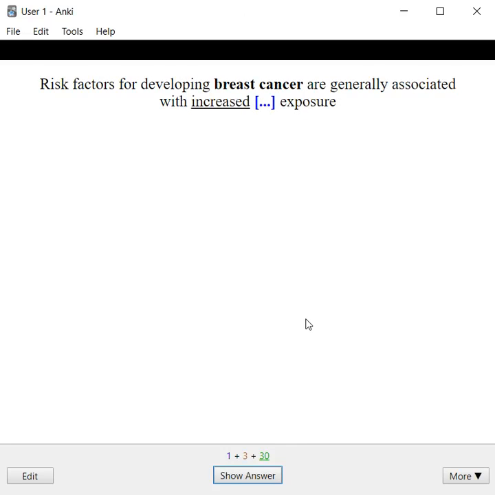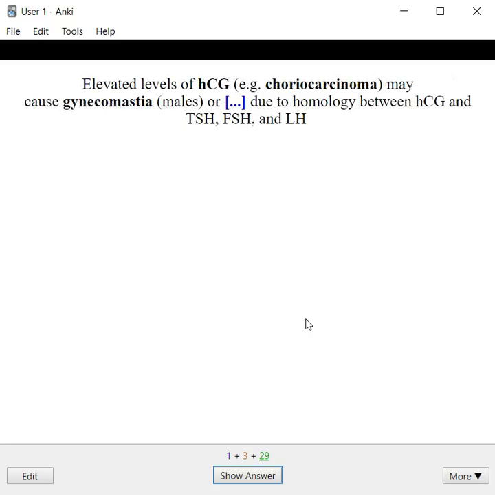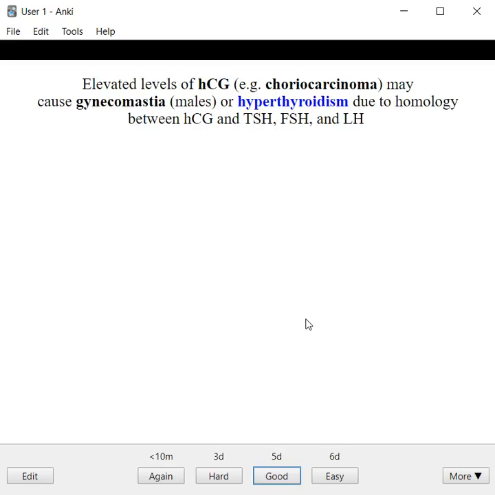Risk factors for developing breast cancer are generally associated with increased what exposure? Estrogen. Elevated levels of HCG, for example with a choriocarcinoma, may cause gynecomastia for males or blank due to homology between HCG and TSH, FSH, and LH. We're talking about hyperthyroidism.